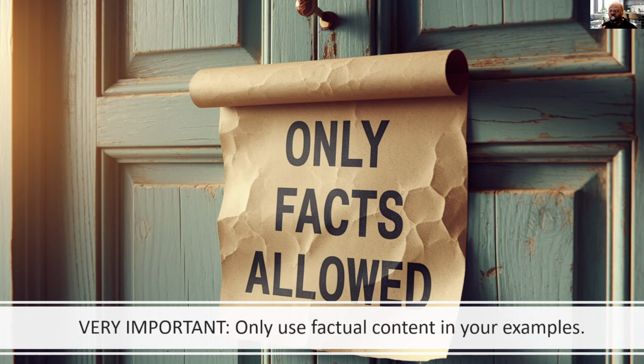Do they want me to make it up? Do they want me to follow facts? As it's reading your examples, if it sees factual examples, it's going to produce factual content. If it sees fictional or made up examples, it's going to create made up content. I hope that makes sense. So you have to bear that in mind as you're creating this template and following the method I'm showing you.